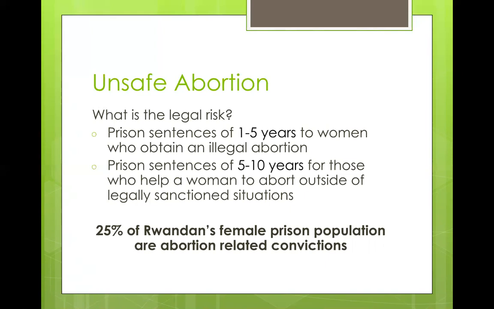Women who are trying to obtain or have been found guilty of obtaining an illegal abortion can face prison sentences of 1 to 5 years, and there are even stricter prison sentences for people providing illegal abortions. 25% of Rwanda's female prison population are related to abortion-related convictions.